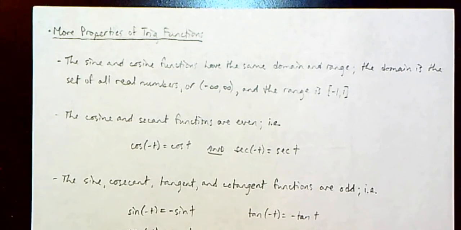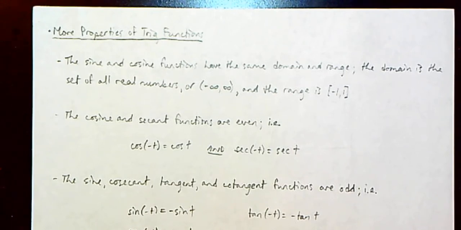The tangent function, the domain of the tangent function is all real numbers except odd multiples of pi over 2. Tangent is sine over cosine. Any value that makes the bottom equal to 0 we can't have.